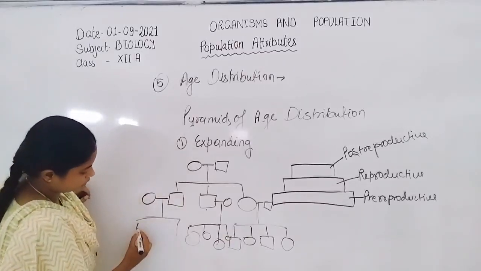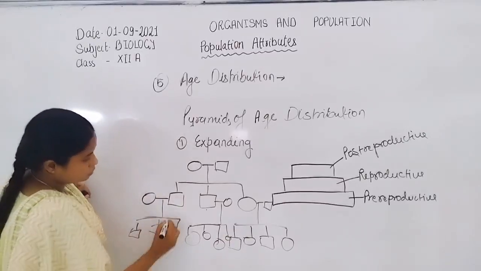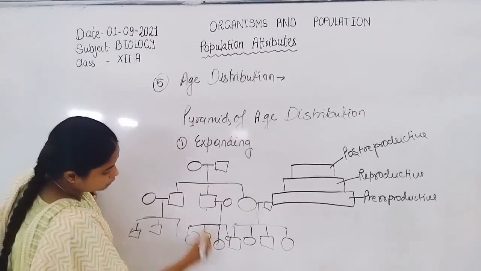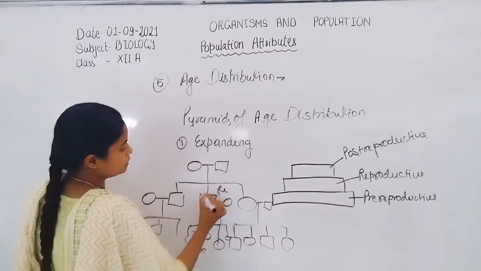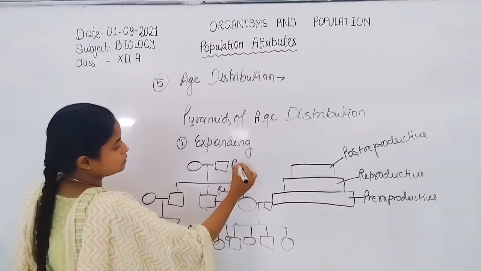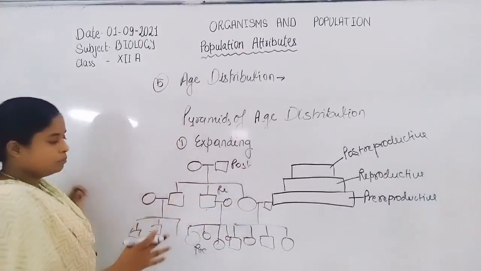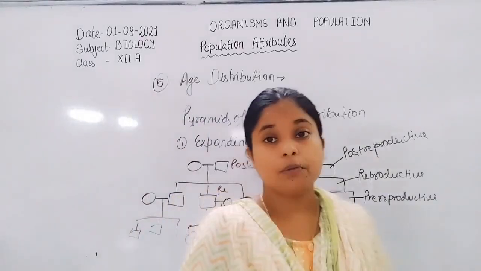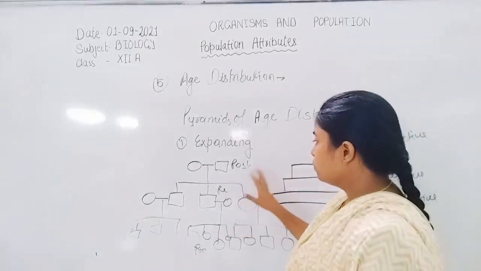Here they belong to the pre-reproductive phase. Here is the reproductive phase, all of these, and this is the post-reproductive phase. If you want to calculate the number of post-reproductive individuals, there are two.